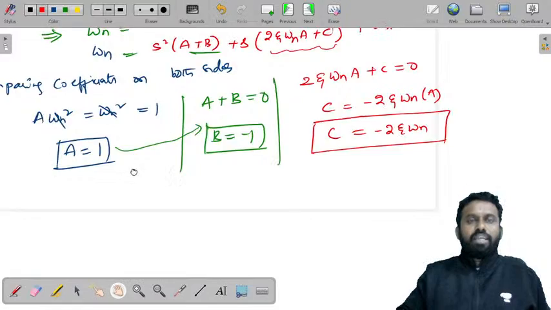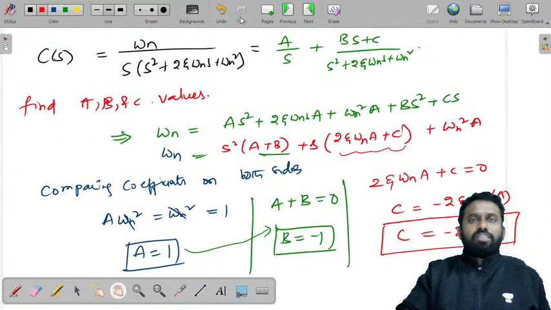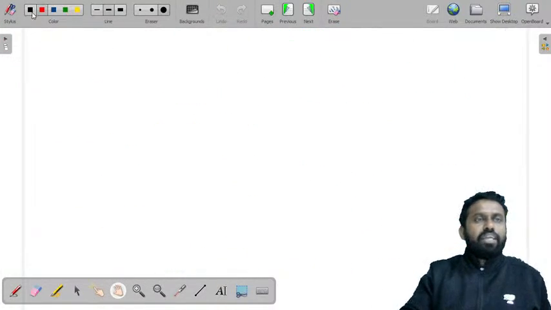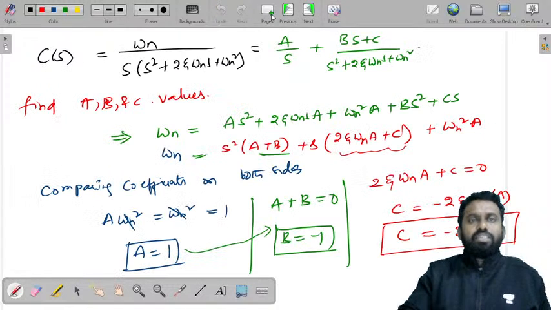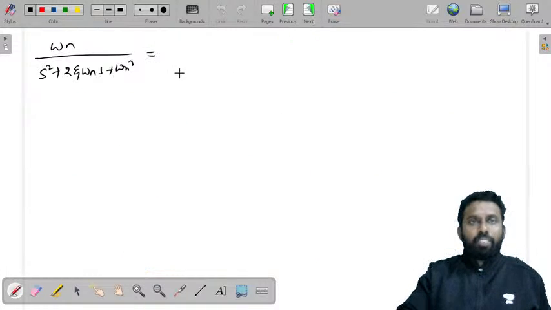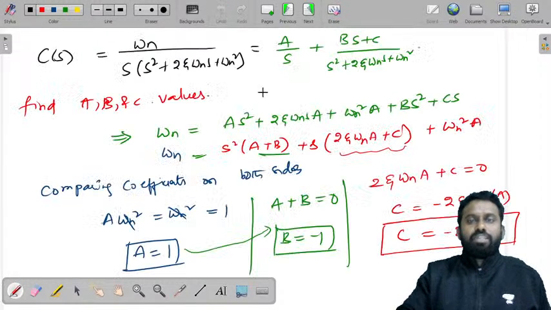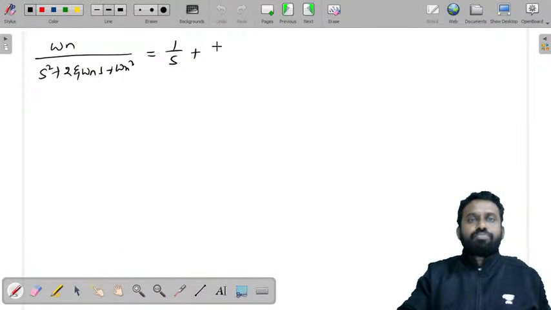Let's substitute that now. So you get omega n by s square plus 2 zeta omega n s plus omega n square is equal to A by s. What is A? 1 by s, plus Bs. What is B? Minus 1 s, plus C. What is C?